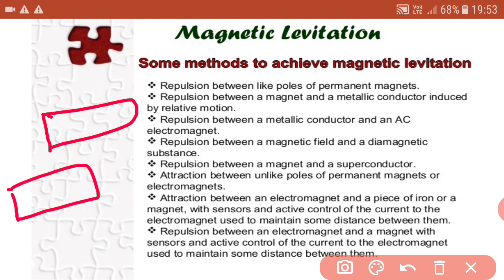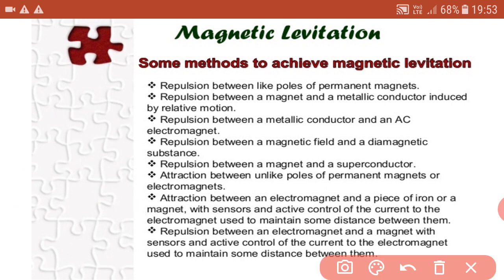Electromagnet means whenever we give an AC voltage, a magnetic field is created, so this type of magnet is known as an electromagnet. If there is a metallic conductor and an electromagnet, then there is repulsion between these two, and we can use this also to achieve magnetic levitation.